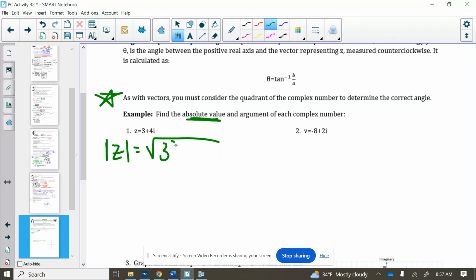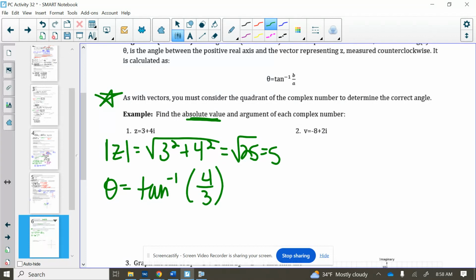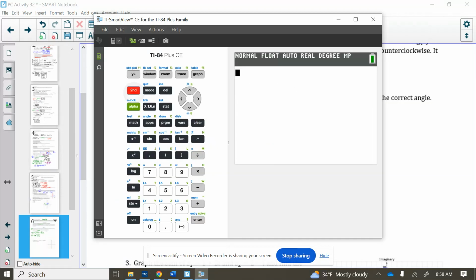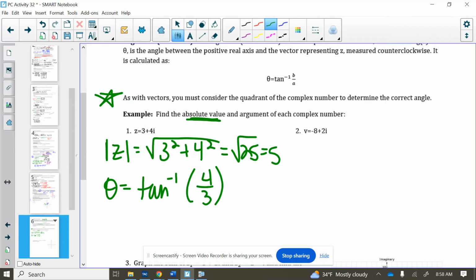So for our absolute values each time, you are just taking the square root of your a component squared plus your b component squared. In this case, 3 squared plus 4 squared is 25, which is just going to result in 5. And then our argument, we are going to take tan inverse of our b component divided by our a component. So tan inverse of b over a, we end up with 53.1.